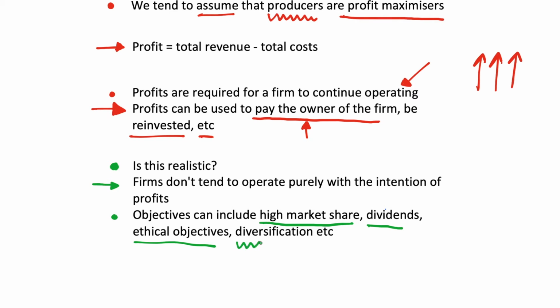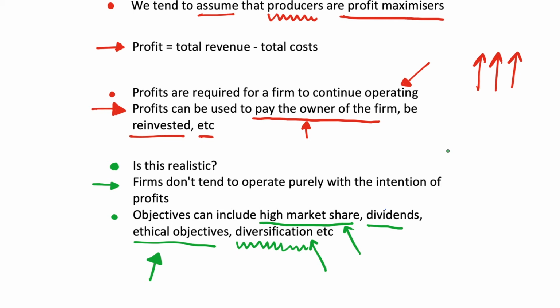They may have objectives that they're really averse to risk and they want to diversify their assets. Maybe they want to expand into different businesses. And maybe a CEO wants to get a sort of status symbol out of having a high market share, operating in lots of countries, by improving its local community and donating to charities.